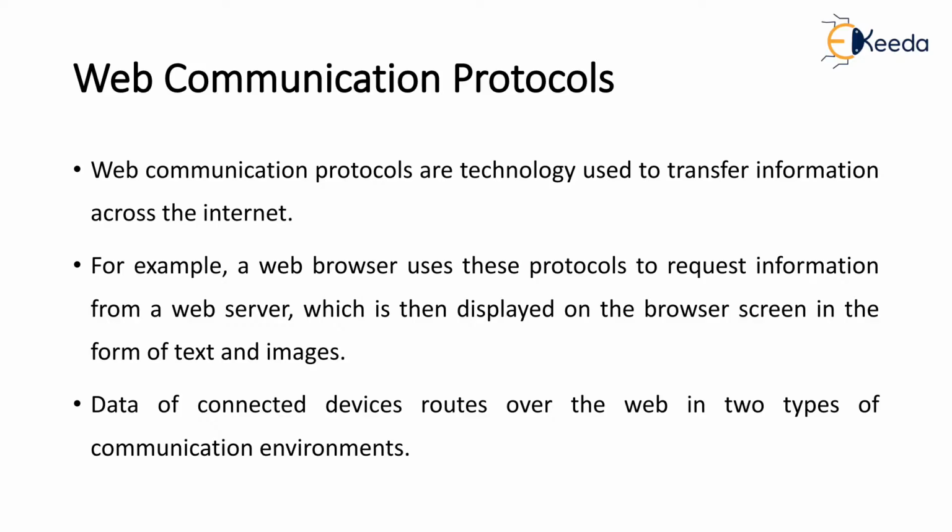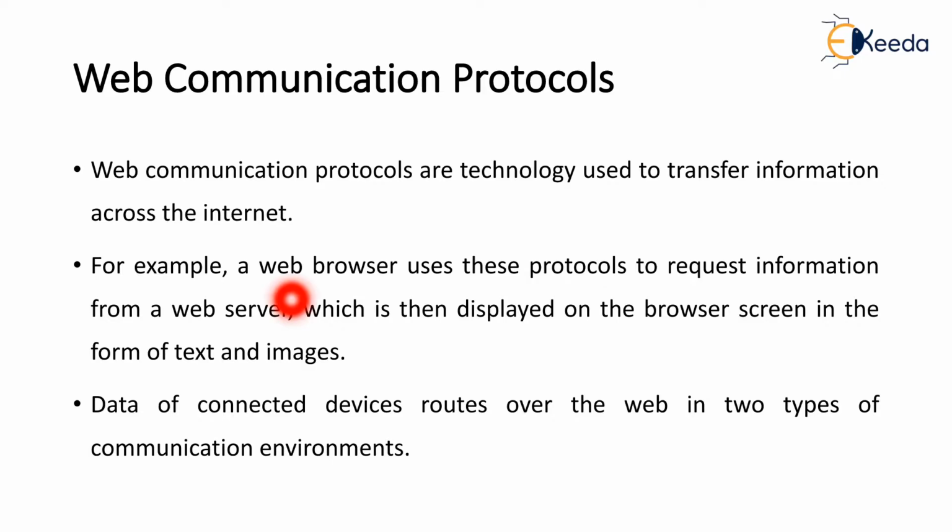The server enables IoT device data accumulation, storage, and applications such as reporting, analysis and control, and also collaboration, service and process. So these are all the web communication protocols used by the technology for transferring data or information across the internet.